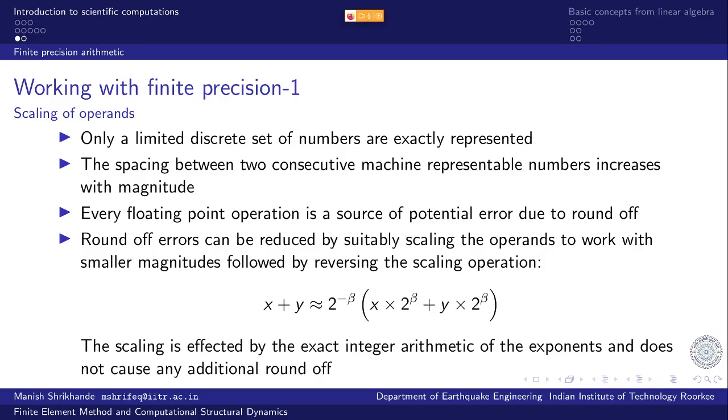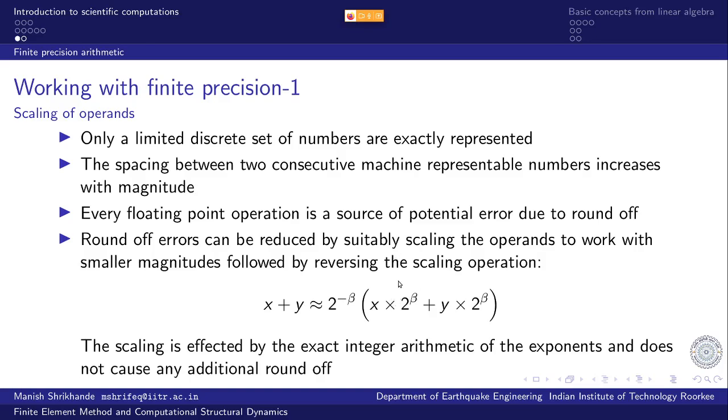But you should appreciate that x and y are all represented as powers of 2. X is represented as some mantissa multiplied by 2 raised to the power something. Y is represented as some mantissa multiplied by 2 raised to the power something. So this multiplication by 2 only involves integer addition or subtraction of the exponent.